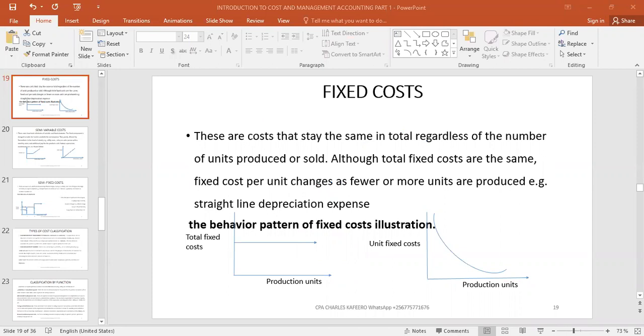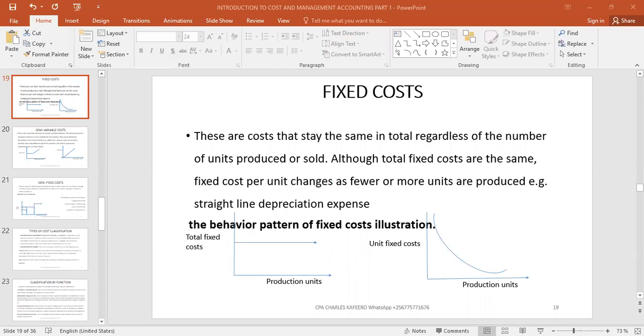Then the other thing I wanted to clarify is that there is how you do the separation, the cost segregation, which is going to be our next video: how to segregate these mixed costs. We get the variable component and the fixed component by using methods like the high-low method and the least squares.